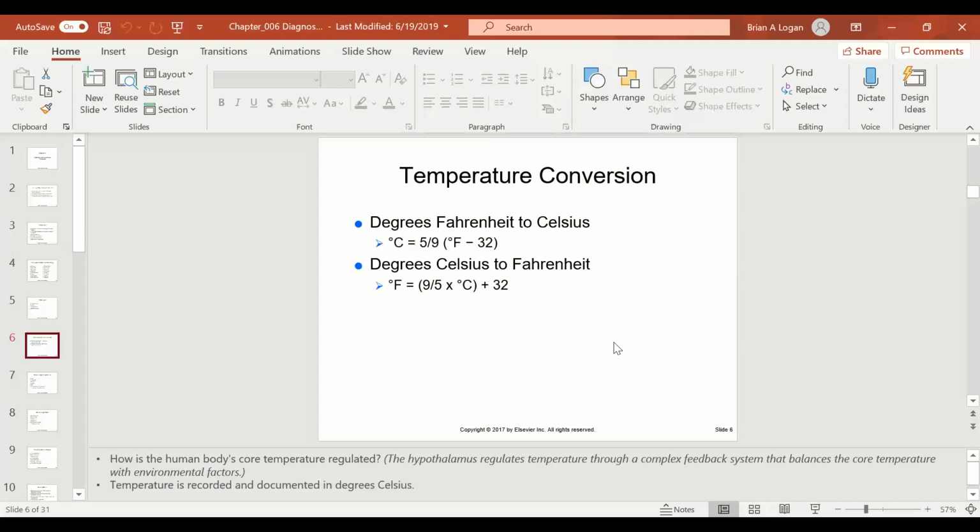And a lot of temperature questions revolve around malignant hypothermia with anesthesia. There may even be a question as to you need to figure out what the temperature is and then determine whether or not the patient is actually having a malignant hypothermia event or not, depending on their temperature. So memorize one of these, or both if you like.